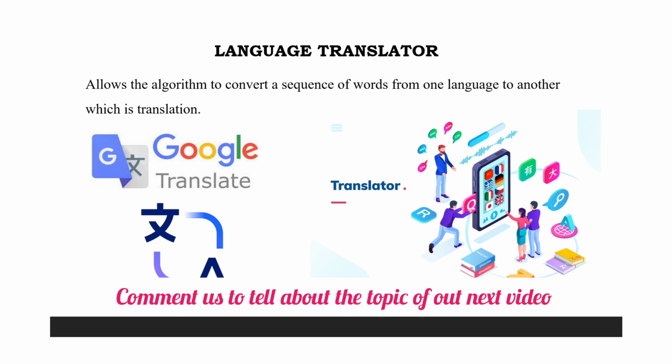A language translator uses an algorithm which converts a sequence of words from one language to another. There are many examples of translators, but this is the best: Google Translator. We can understand what a translator is: if I know English but do not know Punjabi, I can hire one person who interacts between both of them.